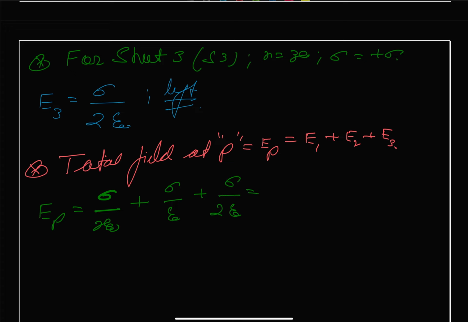So LCM will be 2 epsilon naught, and it will be sigma plus 2 sigma plus sigma, which comes as 4 sigma upon 2 epsilon naught, giving us twice sigma upon epsilon naught.